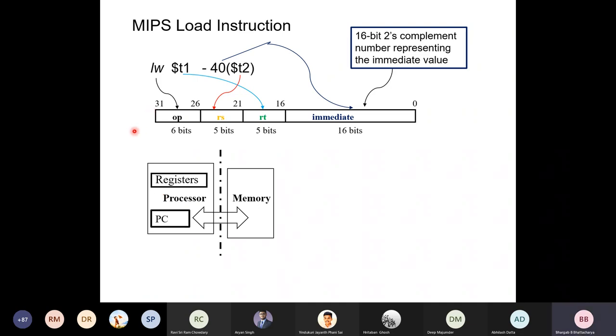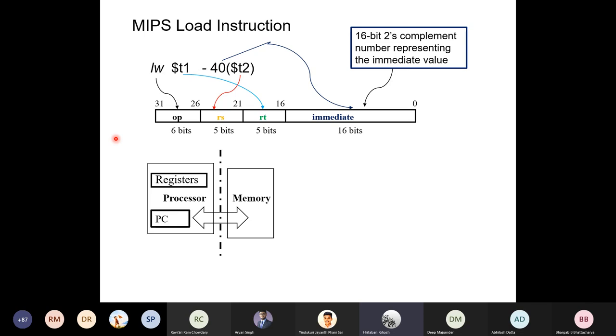So first of all, just tell me from the first step. Assume that the load instruction has not yet been fetched from memory. So the program counter will have the address at which the load instruction is stored. Good. And it will fetch the instruction and then it will decode it. And then there'll be the data fetch cycle.